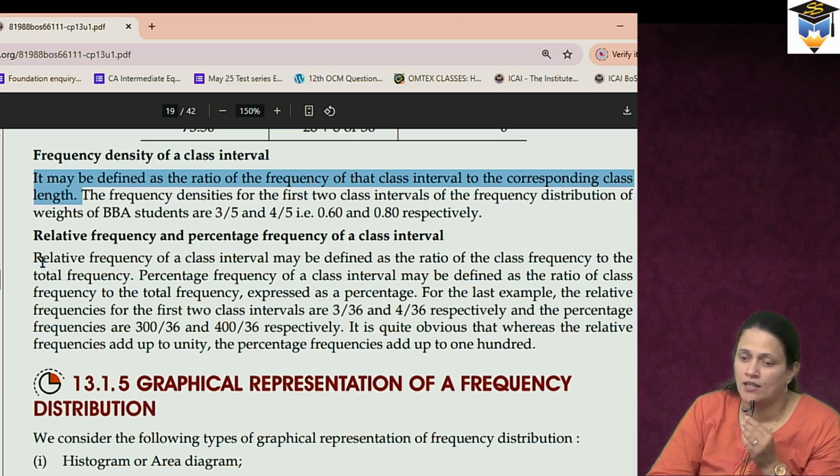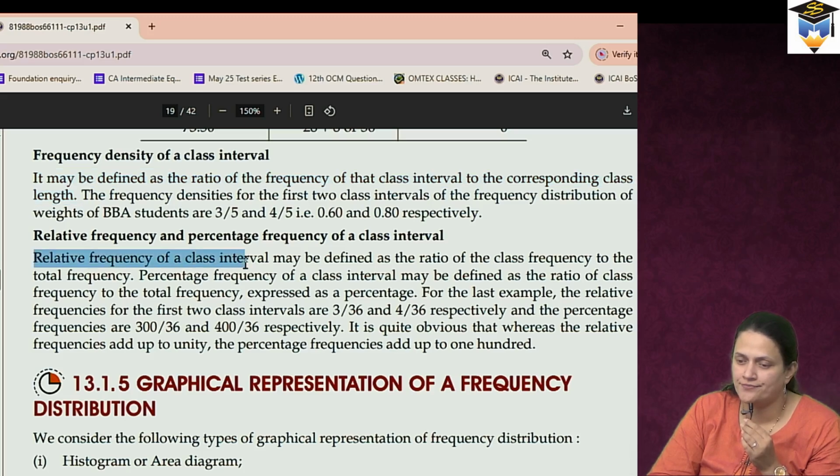Next, relative frequency is the ratio of class frequency to total frequency. Relative frequency of a class interval is defined as the ratio of class frequency to total frequency.